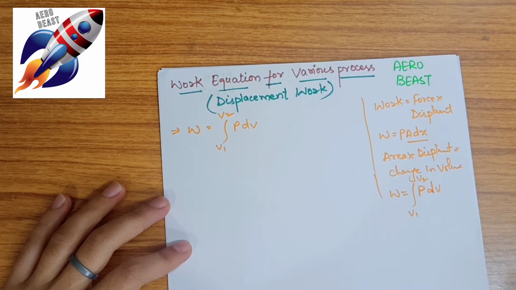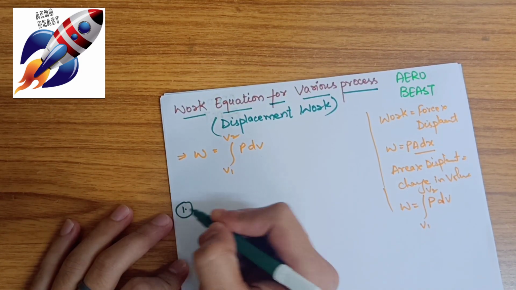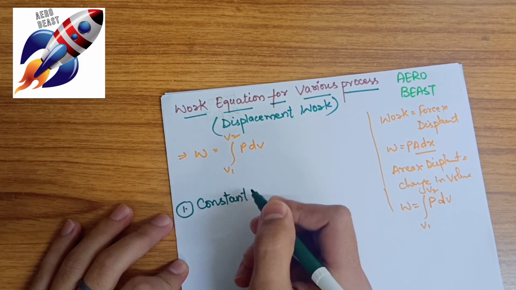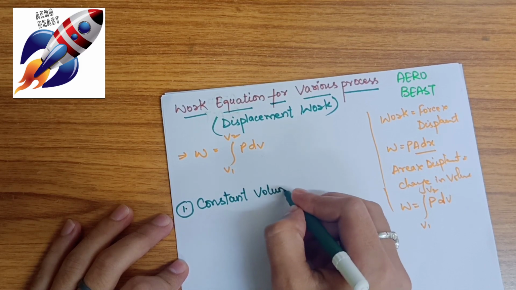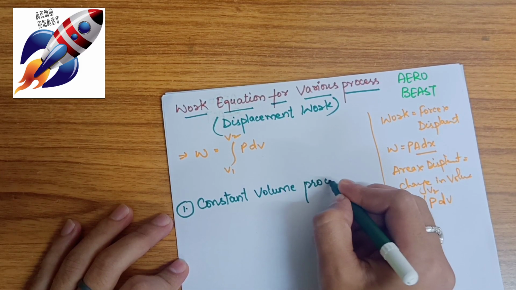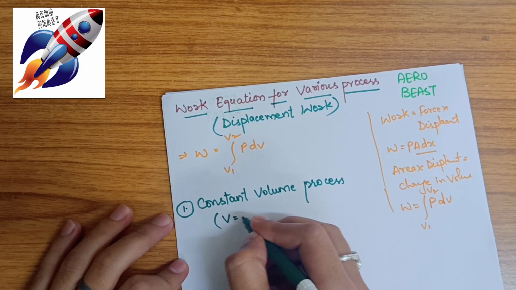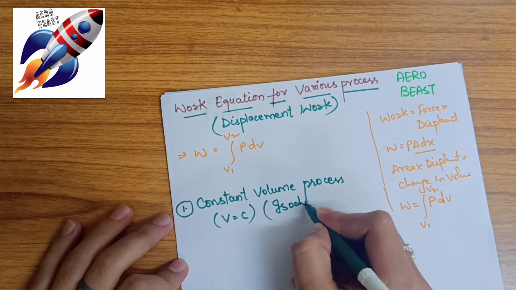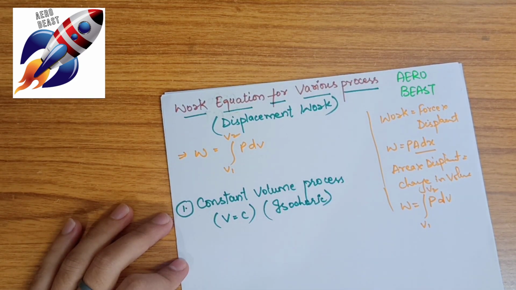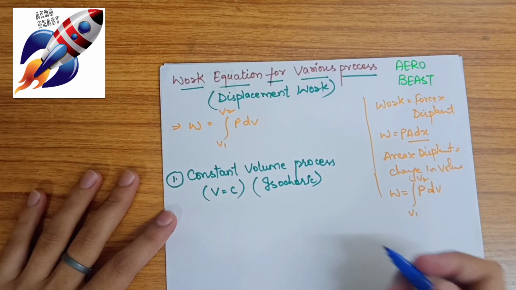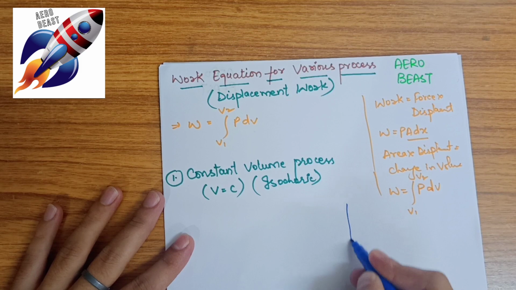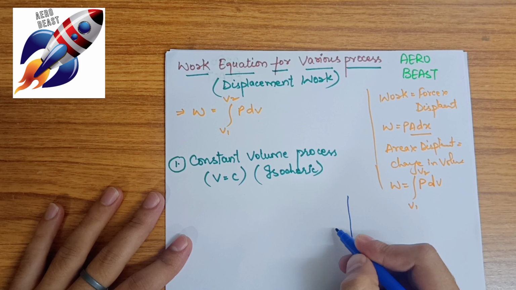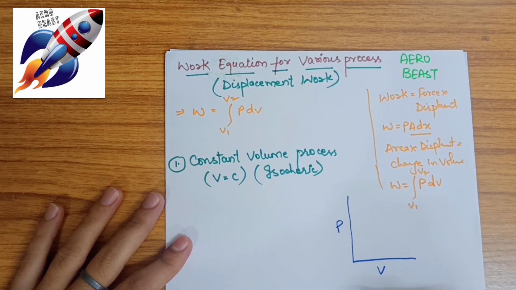So going with the first work equation, that is the constant volume process. This one is V equals C. It is also known as isochoric. Going with the graph for the constant volume process, this one is pressure and this one is volume.